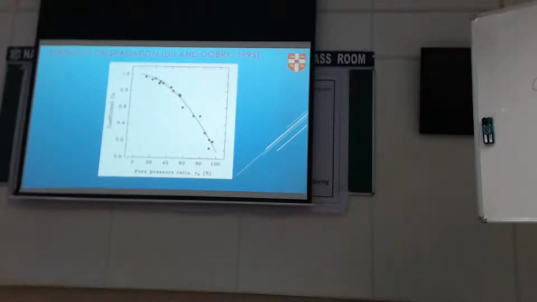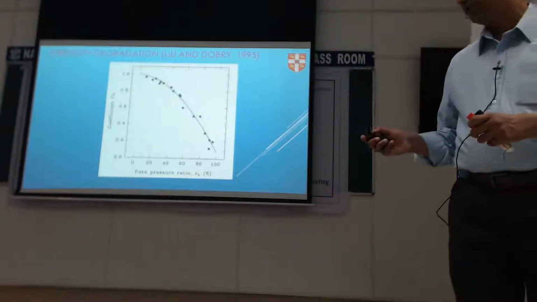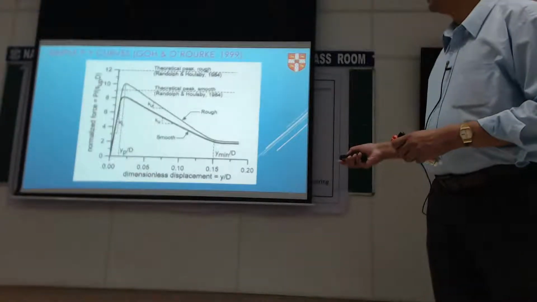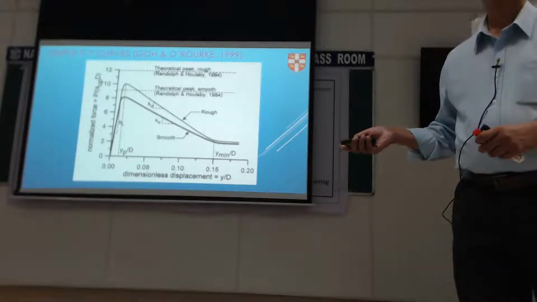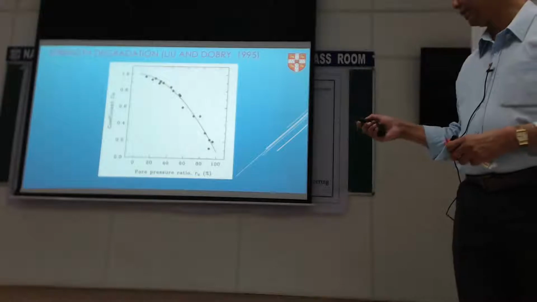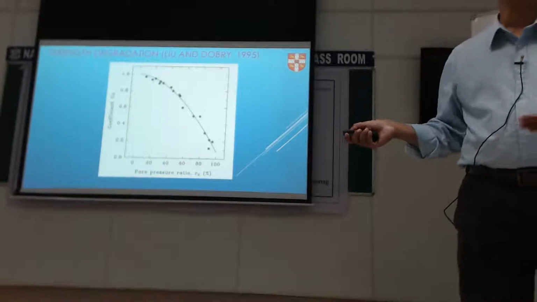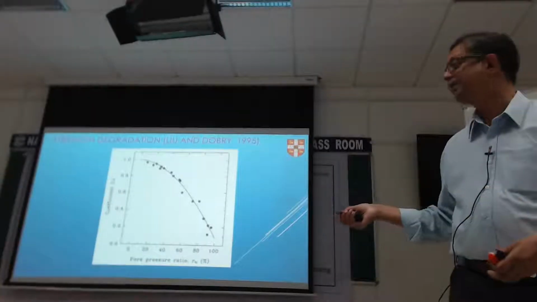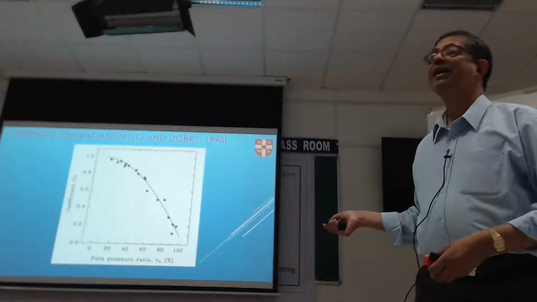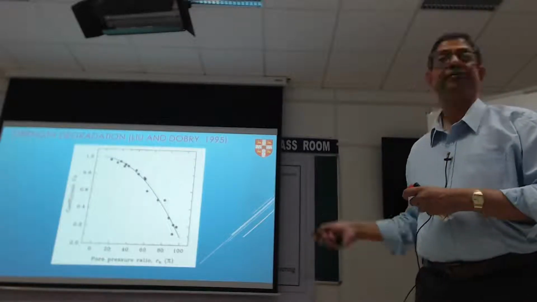So one way we can say is, instead of worrying about this type of curve, you could say, if I know my pore pressure or expect a certain amount of pore pressure, 3/4, half, whatever your choice is, 50%, 75%, then you can reduce your undrained strength by this factor.